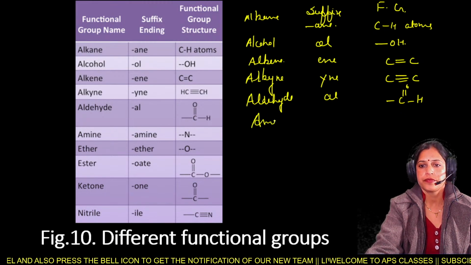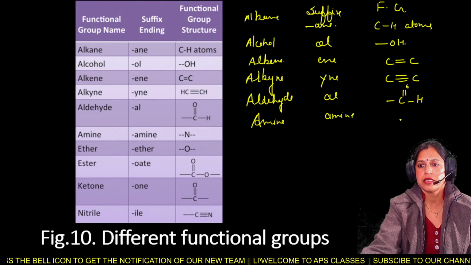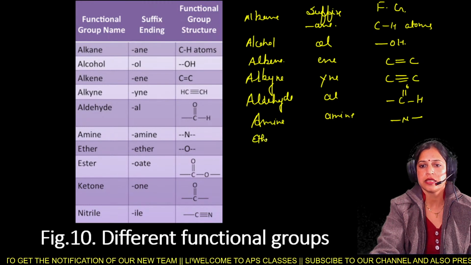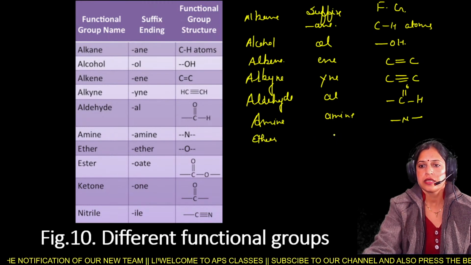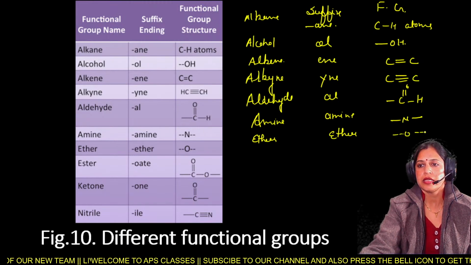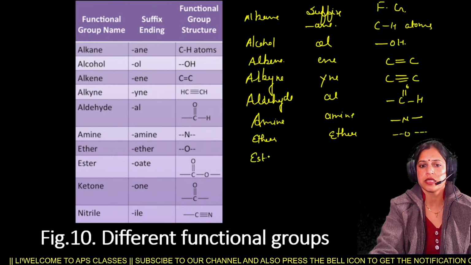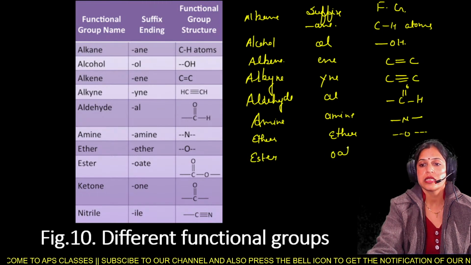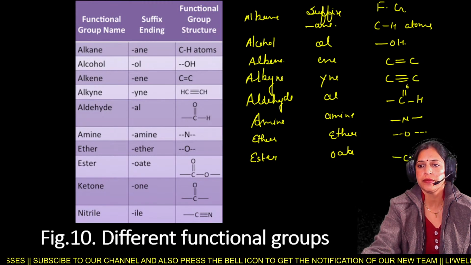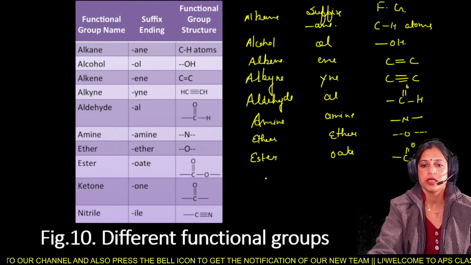Amine. Suffix is amine and the functional group is N. Next is ether. Suffix is ether and functional group is O. Ester, the suffix is oate and the functional group is C double bond O, that is COO.